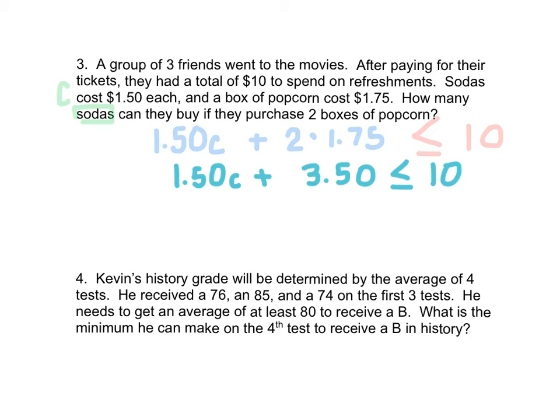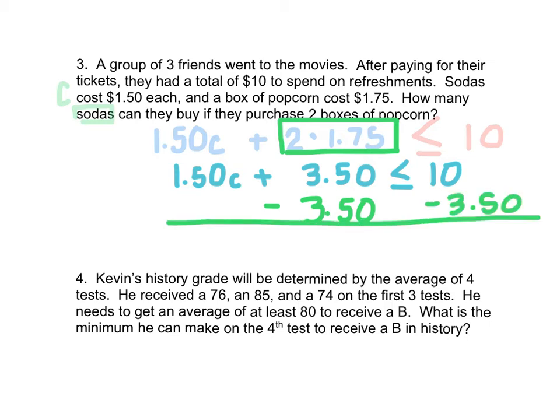Let's begin solving. I simplified this 2 times $1.75 to be $3.50. We'll subtract $3.50 from each side and have $1.50c is less than or equal to $6.50. Now we'll divide by $1.50 on each side.